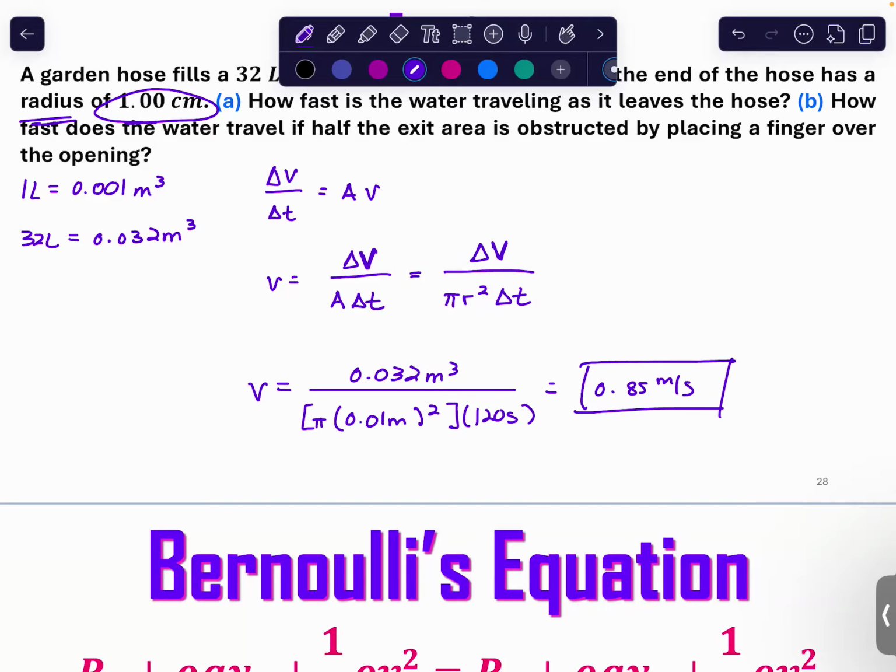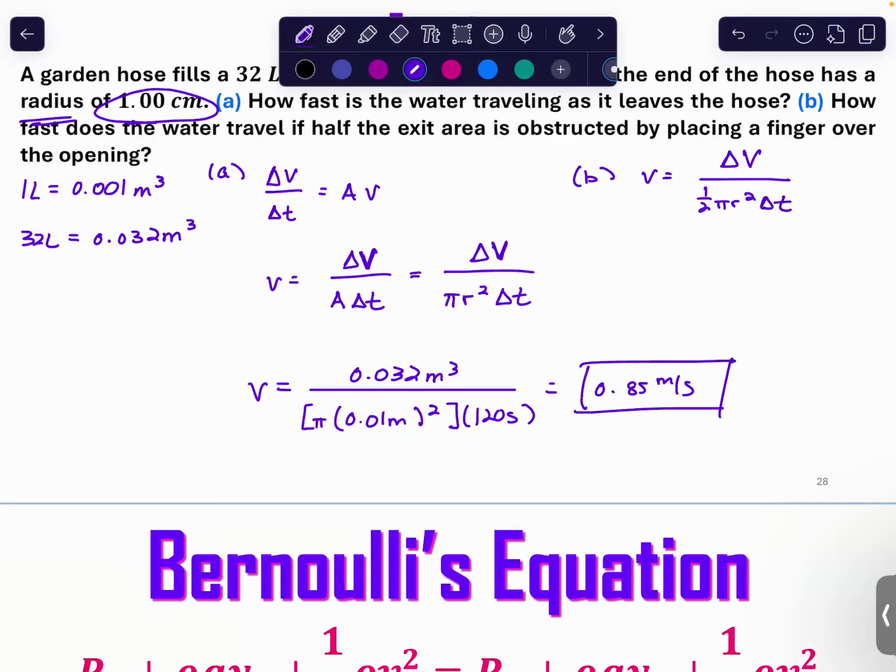Part B you do just by saying that your velocity is going to be delta V over 1/2 pi r squared delta t. That's what I always forget.